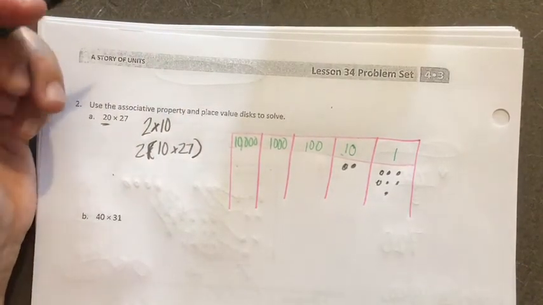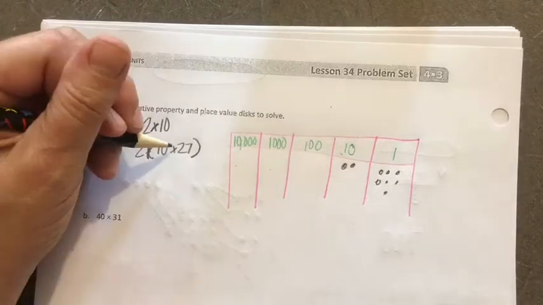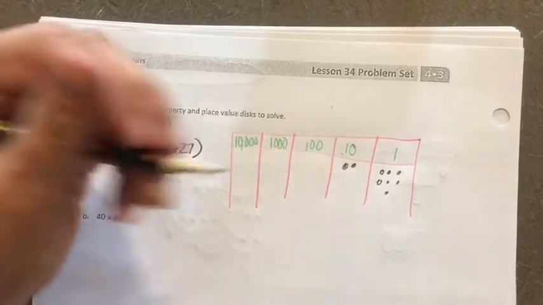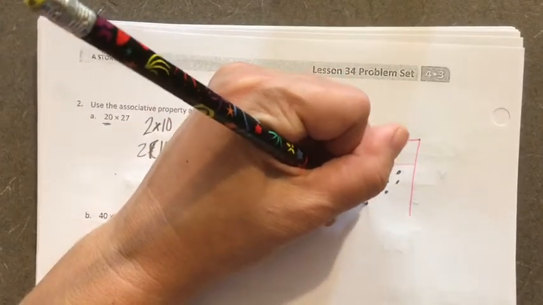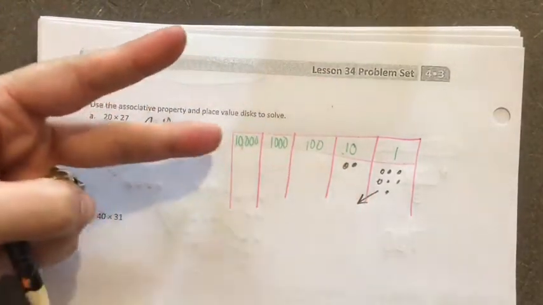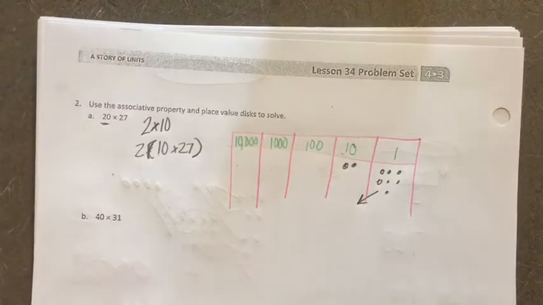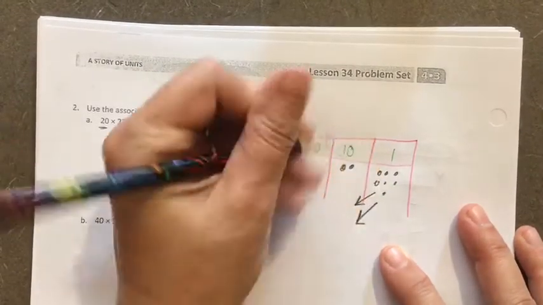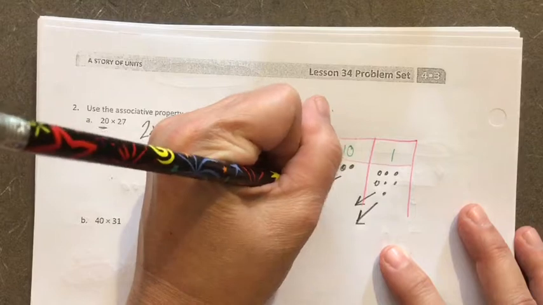Now if you remember, times 10 means I'm moving it over left 1 time, but this actually tells me I need to do it 2 times. So I'm going to move that over twice and move that over twice.